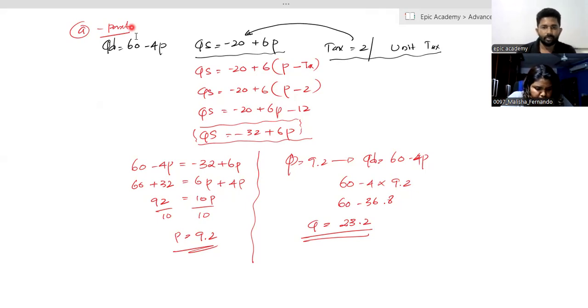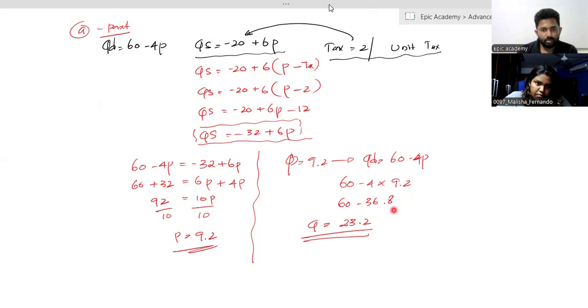Okay, let's move to the next one. They're asking about a 2 rupee subsidy on each unit produced. Already we calculated the tax. Now it is going to be changed because of the subsidy.